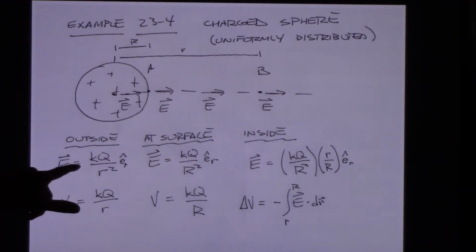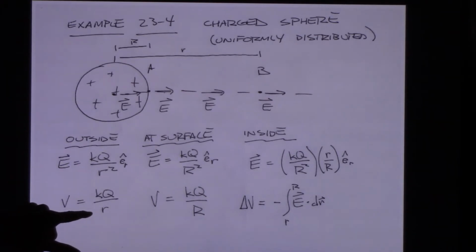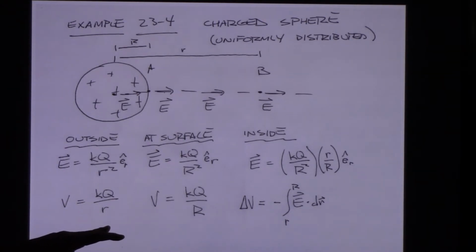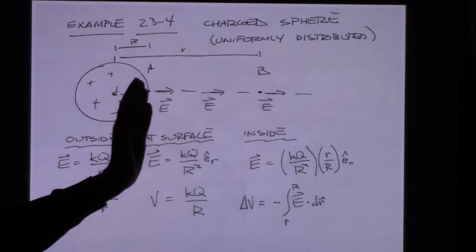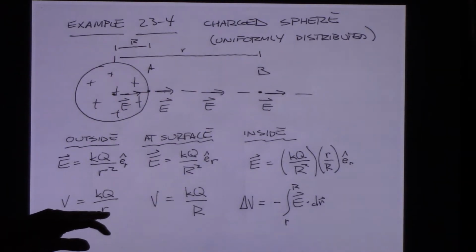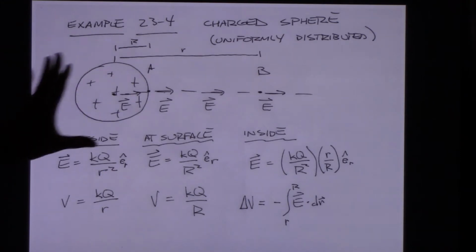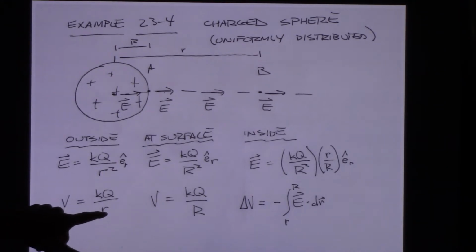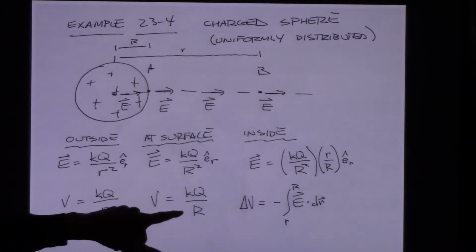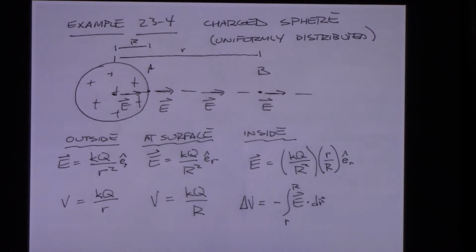So this is not changed, and that says that if we go out to infinity, which is located outside the sphere, and calculate the electric potential in the region outside, we're going to get the same formula. The electric field region outside here was not affected by bringing all the charge and moving it around inside the sphere. And so the electric potential formula will be the same. At the surface, the electric potential formula is the same.